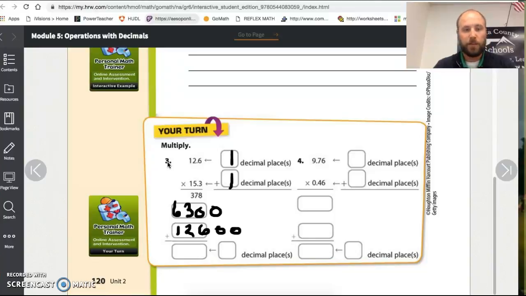All right. Then we're going to have to add them all up, which is 1, 9, 2, 7, 8. But we had a total of 2 decimal places that we had to move back in. So past the 8, past the 7, if you guys can see where I'm putting that.